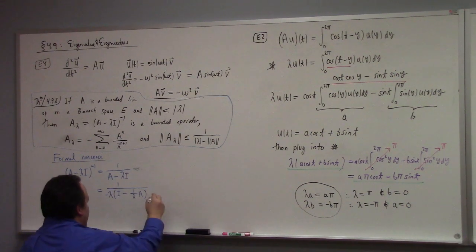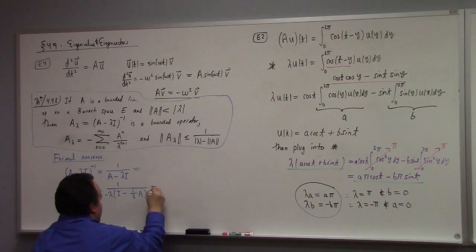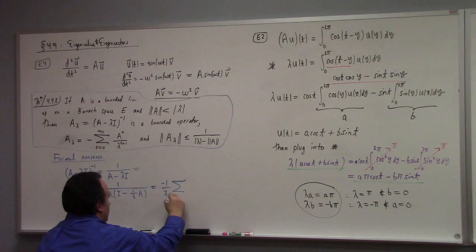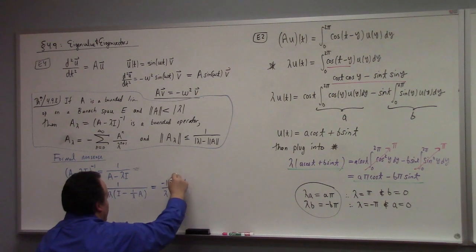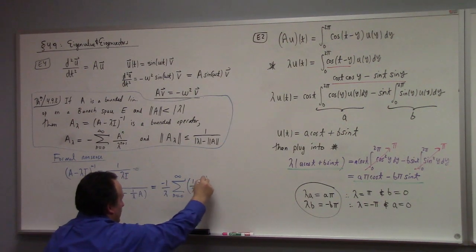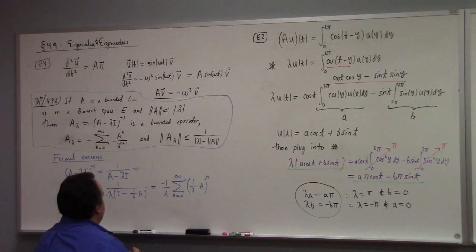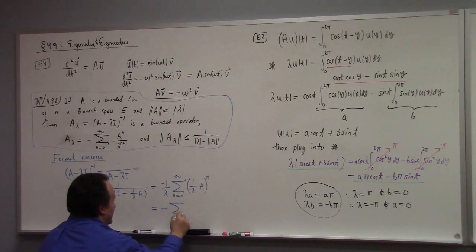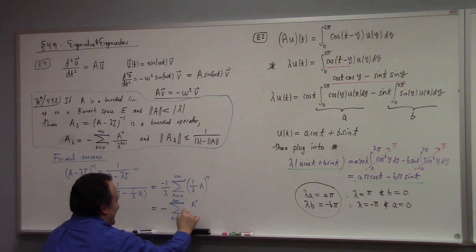Now I go geometric on this thing. Minus 1 over lambda times the sum n equals 0 to infinity of 1 over lambda times A to the power n, which is equal to minus the sum of A to the n over lambda to the n plus 1.